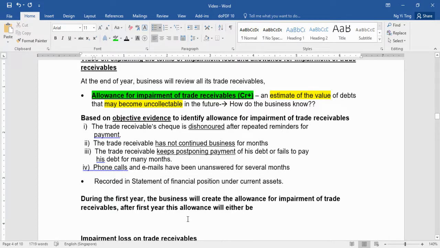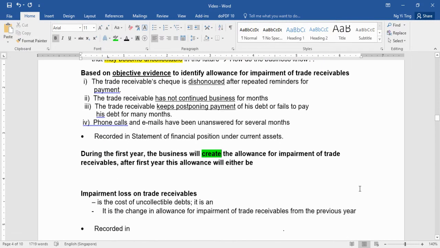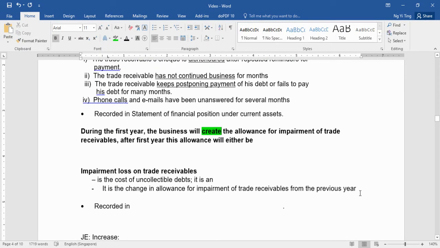So during the first year, the business will first create the allowance for impairment of trade receivable. After the first year, since we already have the allowance, at the year end, they will compare and it will either be an increase or decrease based on the estimation at the end of the year.